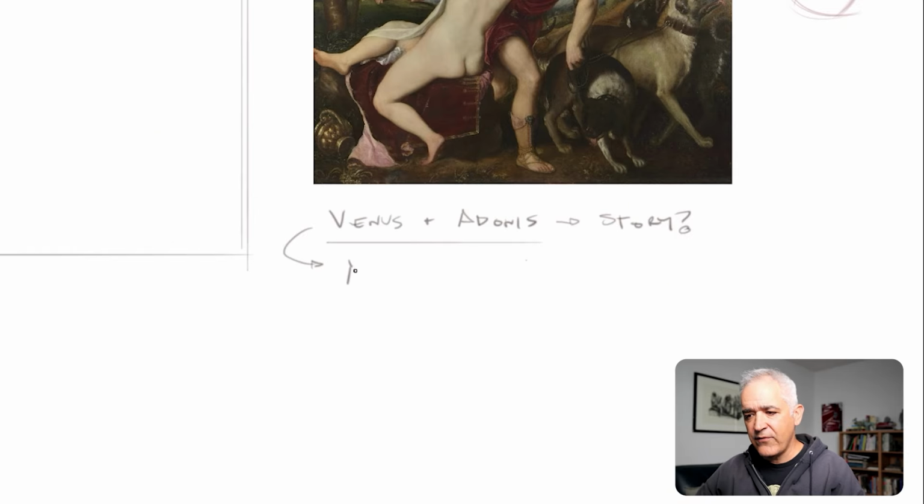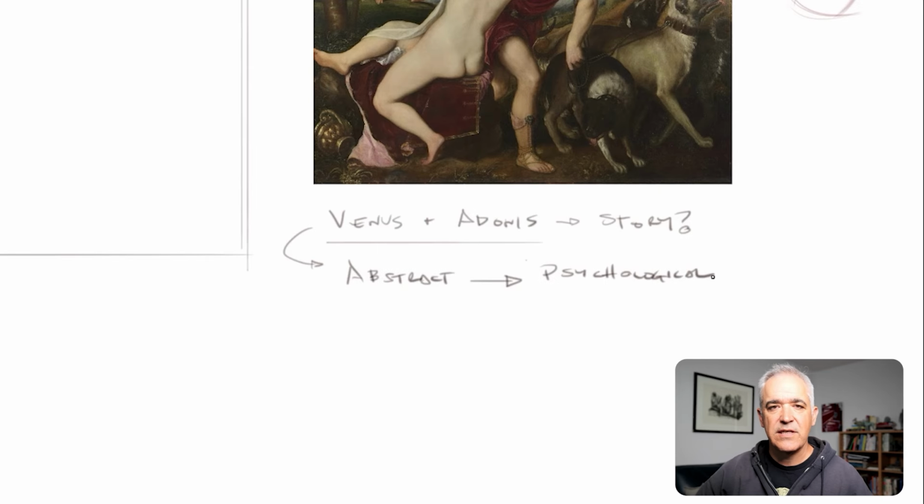And so the way I would phrase that is, how do abstract qualities, line, shape, value, color, produce or equal some kind of psychological response? Or you could say, what is the emotional, how are we invested? What is the story from those abstract qualities?